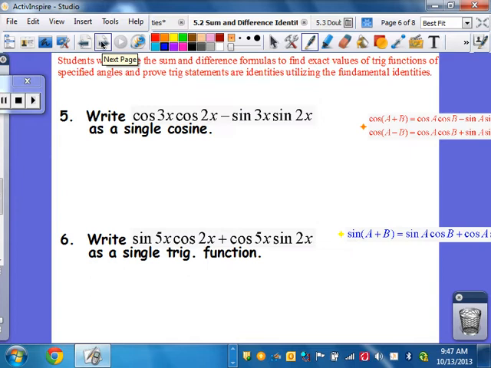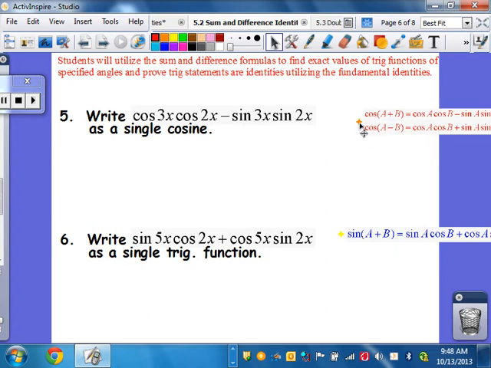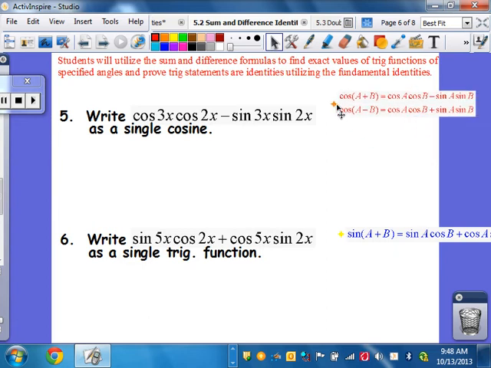Okay, here's another way. I just want to rewrite it as a single cosine. All that means is you're taking the difference formula and you got to shove it back to where it is. So in order to do that, you just need to recognize, is this a sum or is this a difference formula? Okay, so I have cosine, cosine, minus sine, sine. Cosine, cosine, minus sine, sine. That means I have a cosine sum formula.